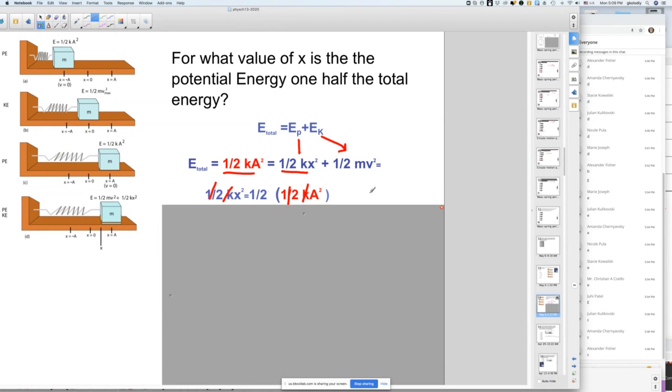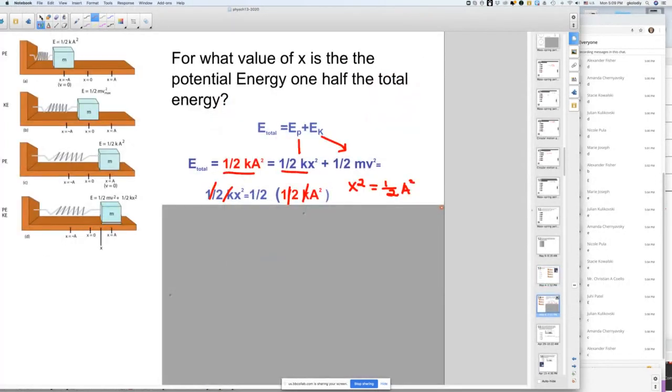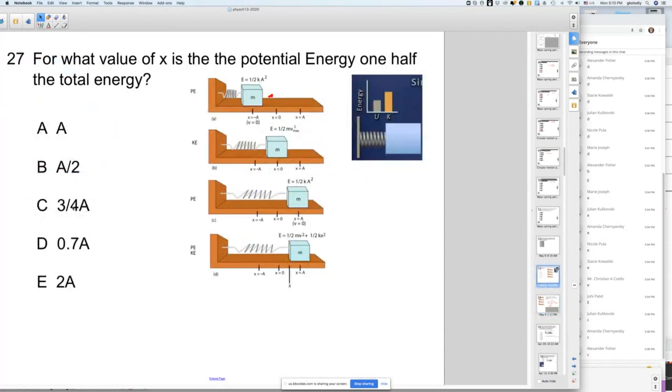So x squared equals 1/2 a squared. What's x? Again, I'll give you one more glance before we go to the answer. 0.7a. So the answer would be D.